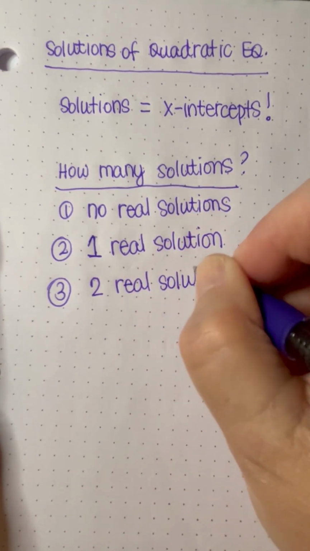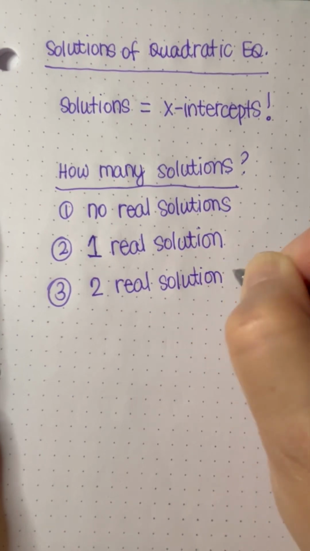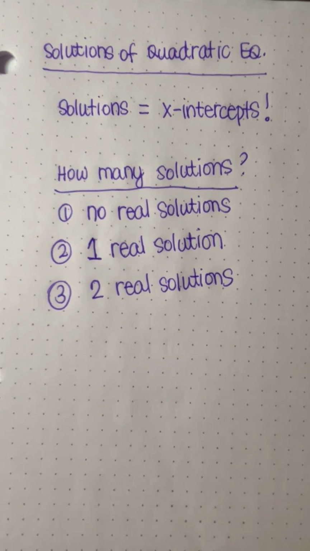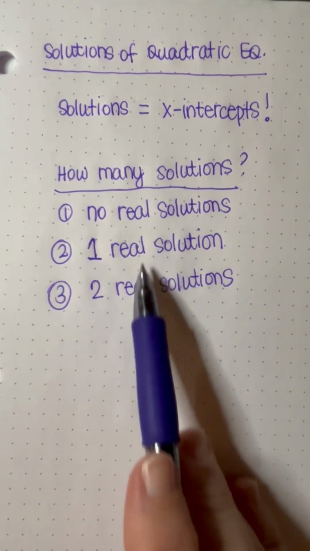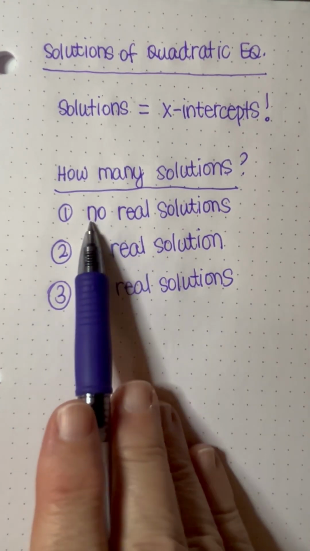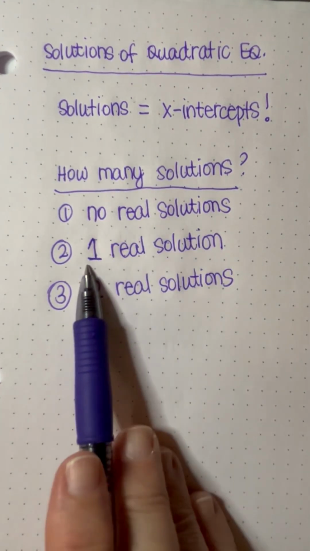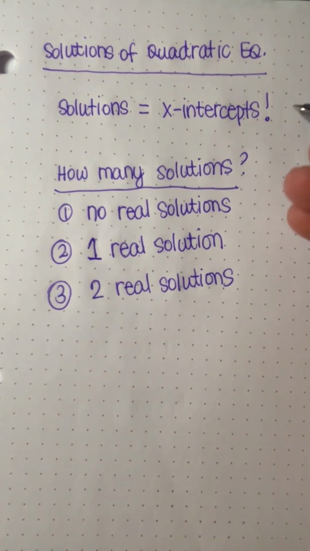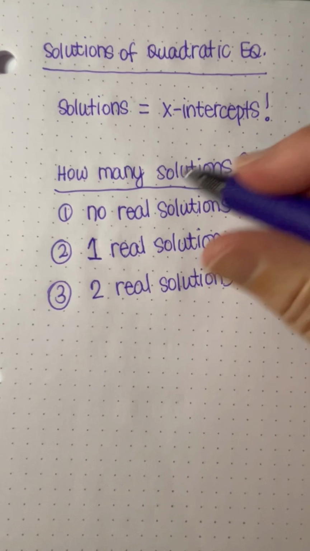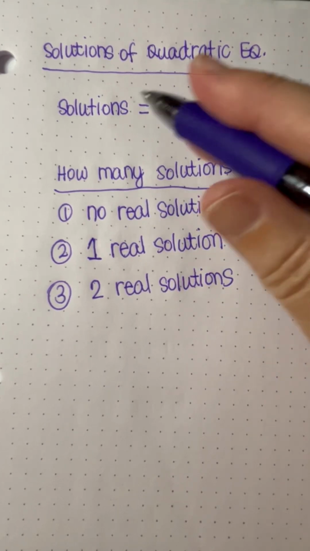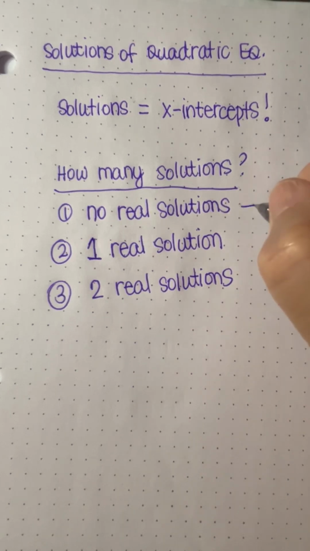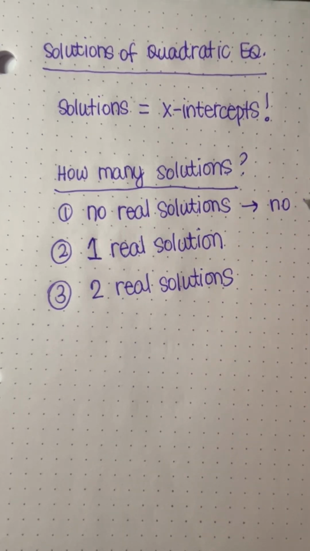So you're going to see them, and when we start our SOL review on Monday, you're going to see that they like to ask a lot of questions about this. How many solutions does this equation have? And there are only three possible answers that you can get. There are either no solutions, one solution, or two solutions. And notice here that because solutions means x-intercepts, if there are no real solutions, that means there are no x-intercepts.